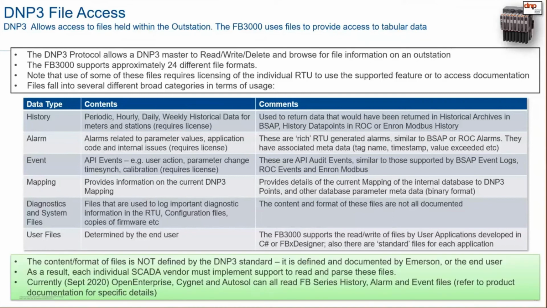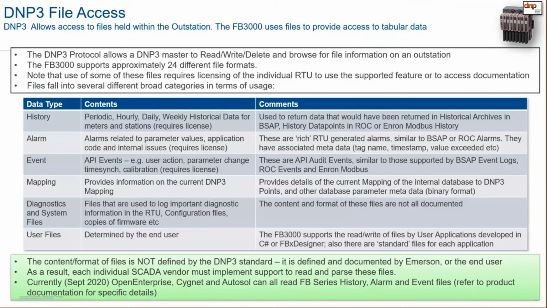There are some important things to realize about these files, though. Although the protocol defines how to read and write a file, it does not define the content of the file. That's defined by Emerson or by the end user if it's a user file. So as a result, a SCADA vendor, if they're going to use those files, must implement support to read and parse the files and convert them into their own format.